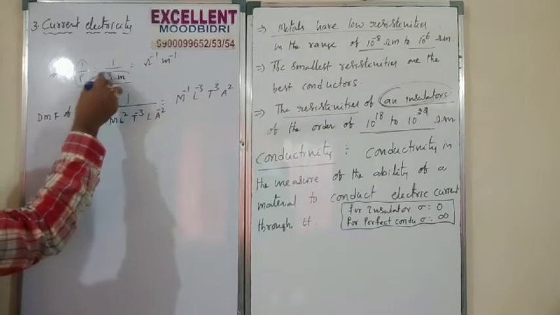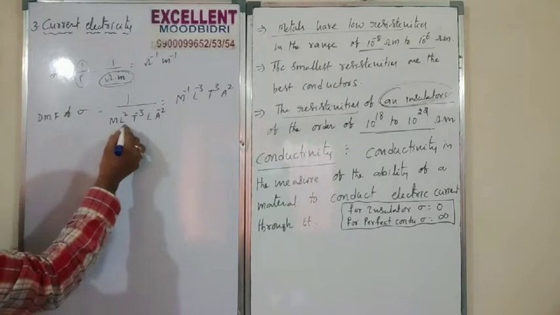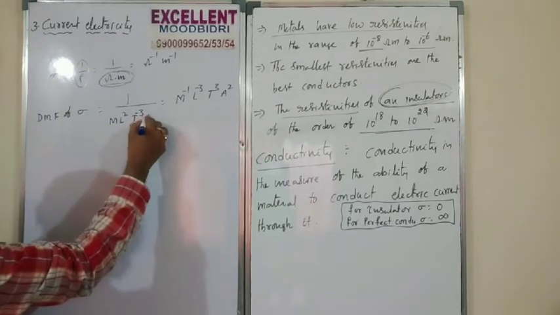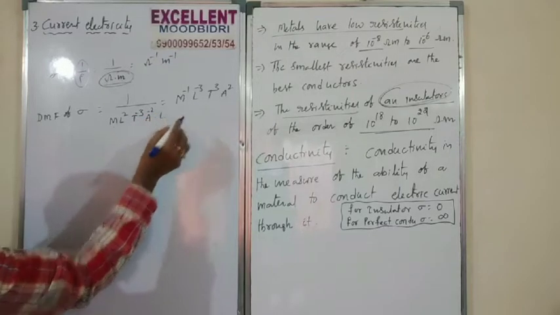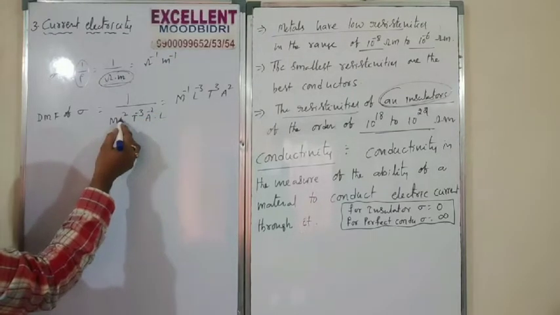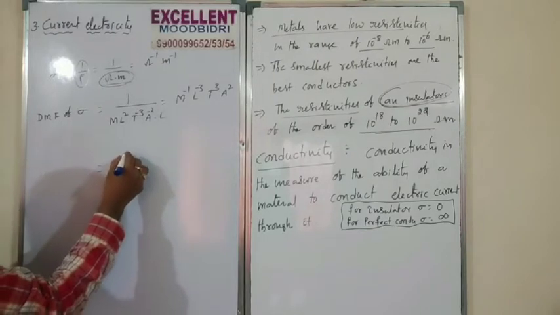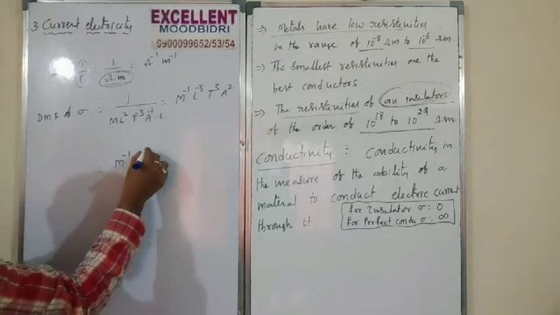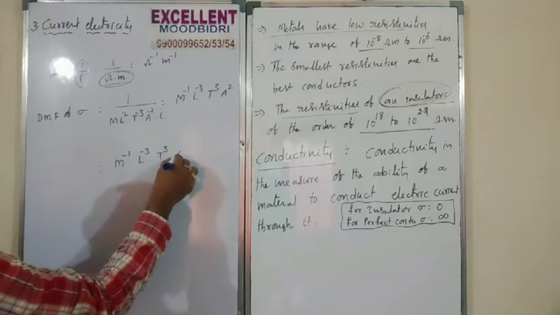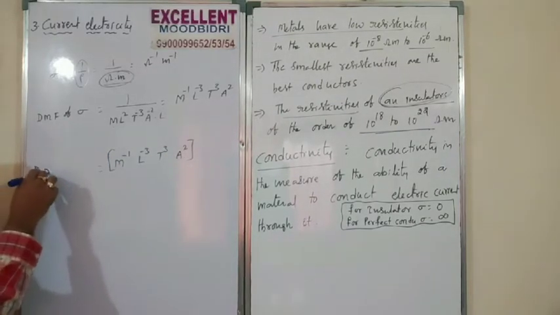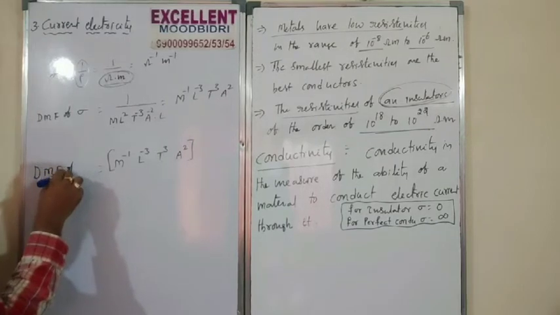The ohm unit you all know: M L square T power minus 3 A power minus 2, into L, so L cube. Therefore the dimensional formula of sigma is M power minus 1, L power minus 3, T power 3, A power 2.